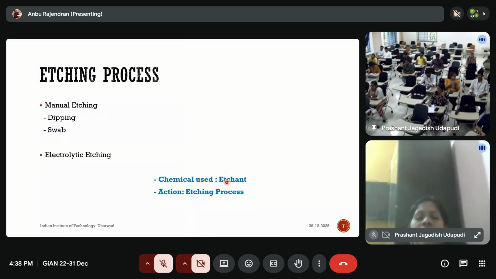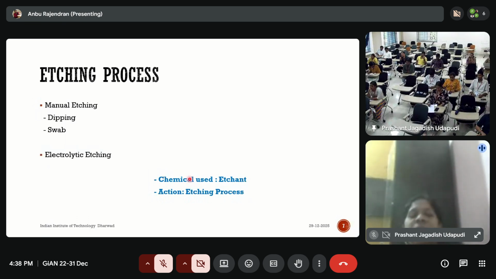Each sample has specific chemicals which can react with it without disturbing other features; they only react with the selective features. The suitable chemicals for certain samples are known as etchants. The chemical reaction we allow between the sample and the etchant is called the etching process.